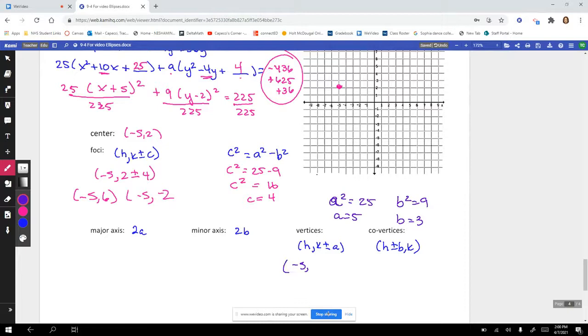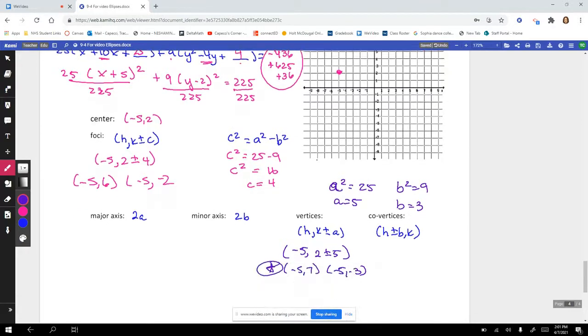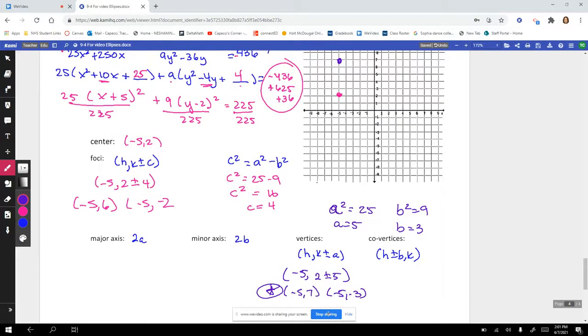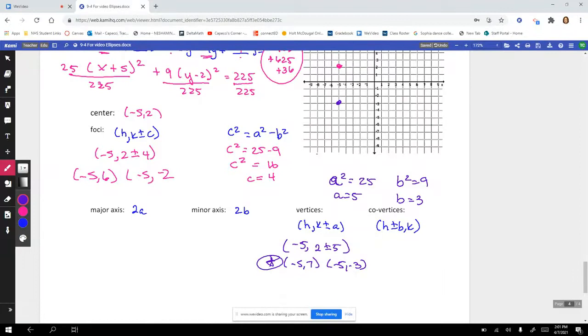Okay, so our vertices, we have negative 5, and then we have 2 plus or minus 5. So I end up with negative 5, 7, and negative 5, negative 3. There are our vertices. So we have negative 5, 7 is here, and negative 5, negative 3 is right here. Right, and again, that center should be right in between those, right centered.